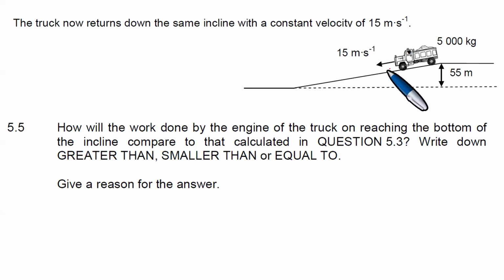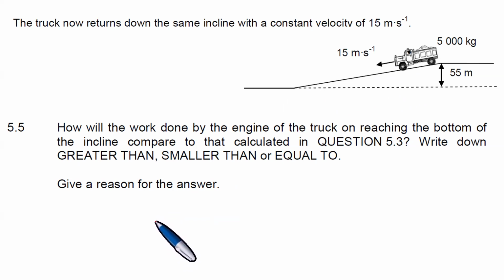Will the truck do less work when it's going down? Is more work done when it's going down or when it's going up? Which one is easier, to go uphill or to go downhill?